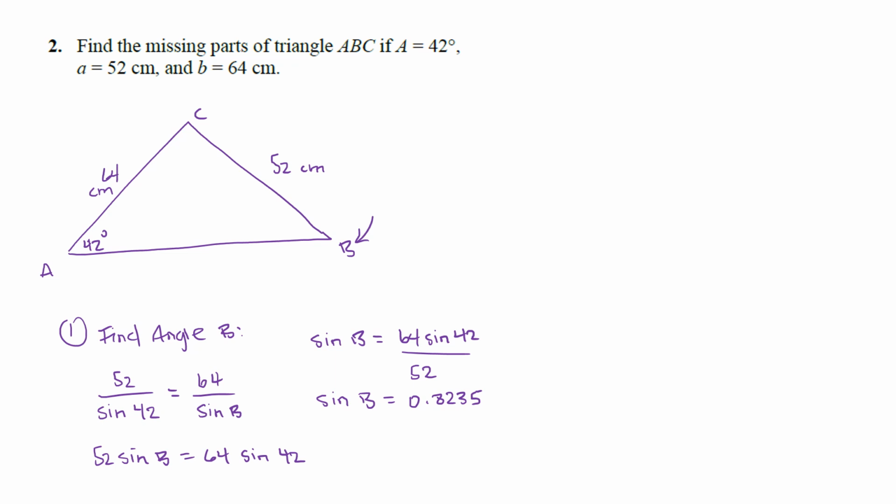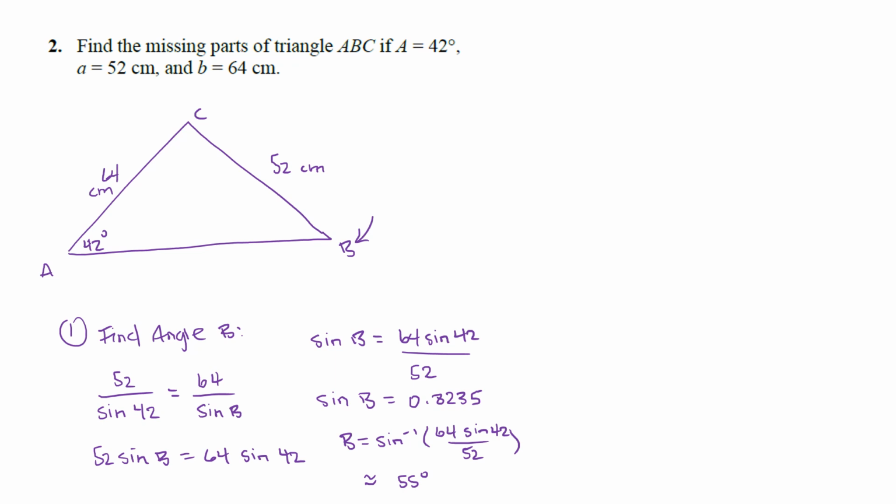Okay? So now we can take the inverse sine of 64 sine 42 over 52. And we get an estimate rounded to the nearest degree of 55 degrees.